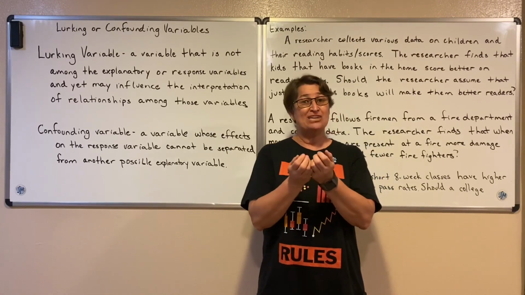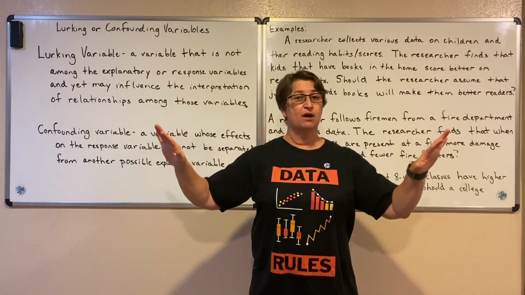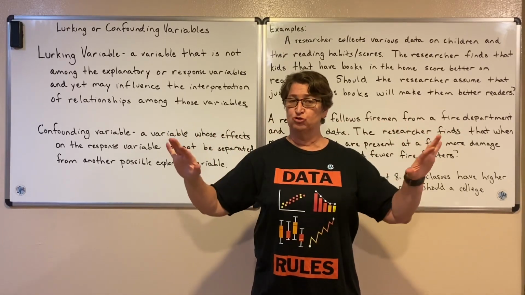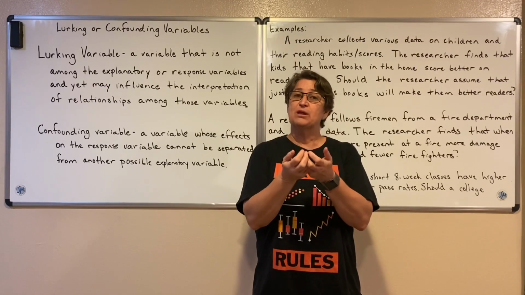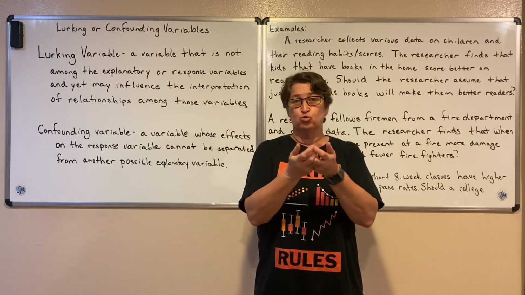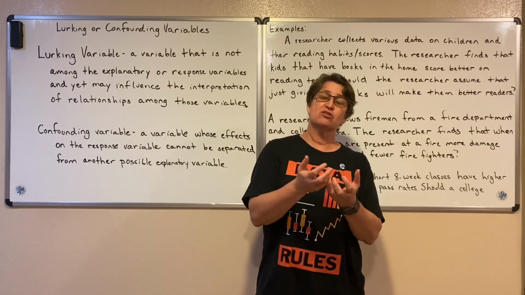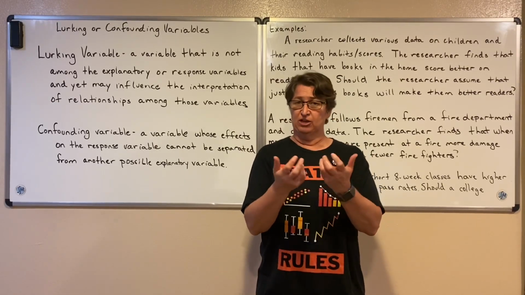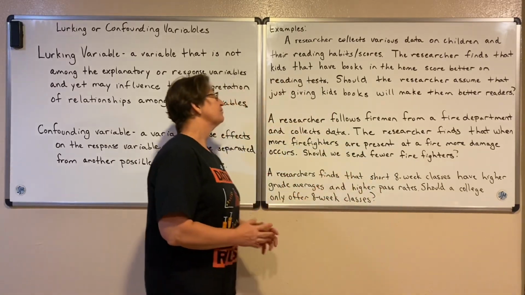But it might turn out that there's some outside variable, some variable that we're not taking into account, that actually might help to explain the relationship between those two variables. That might explain what's causing or what's influencing those two variables. Let's look at some examples.